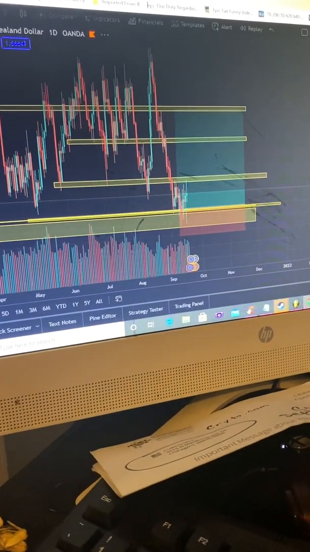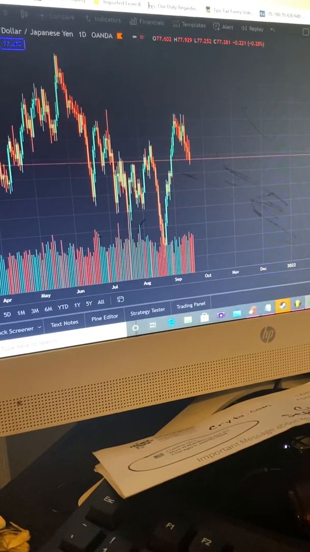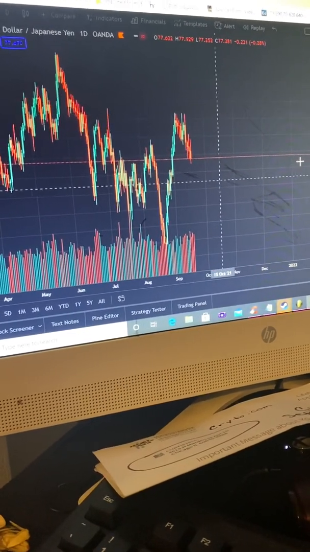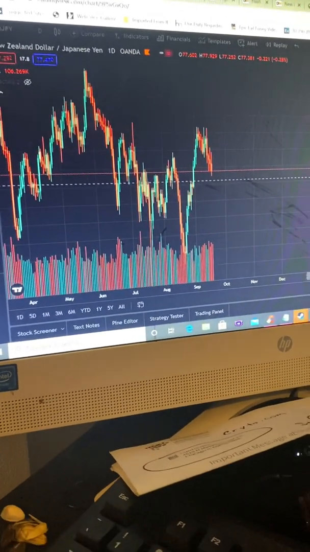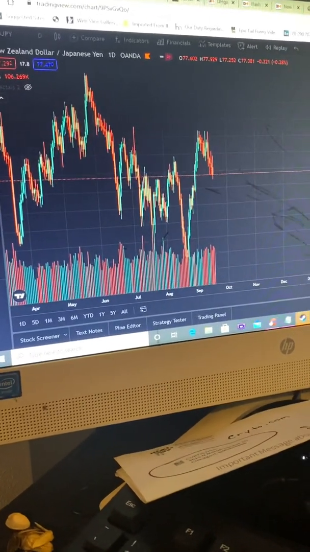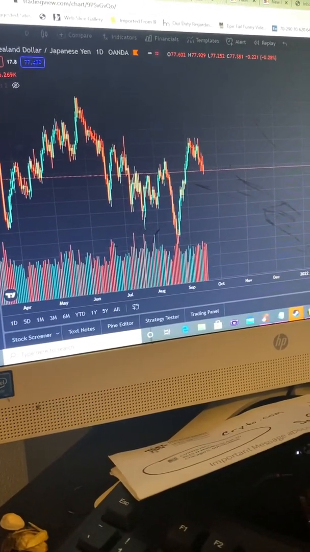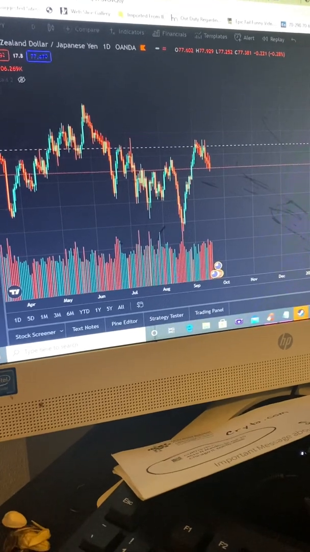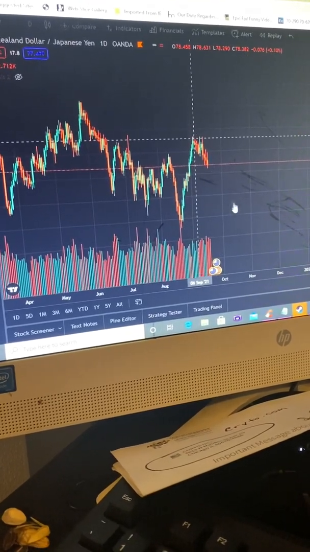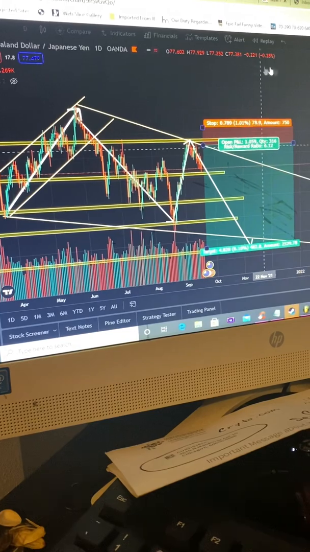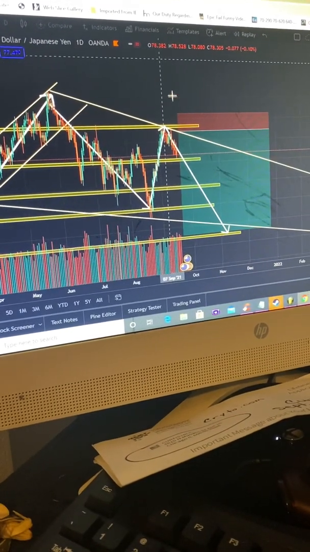New Zealand JPY. You see this big rip down? If you saw my other analysis, I told you that New Zealand dollar and New Zealand yen were going to start ripping down. As you can see, it took my computer so long to go in.